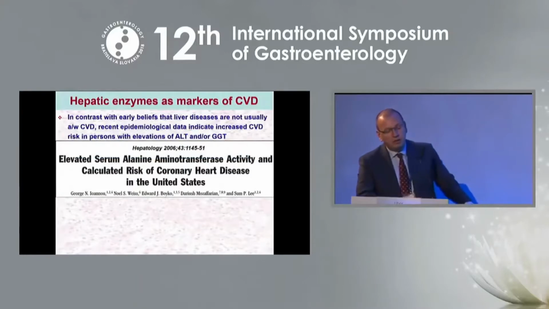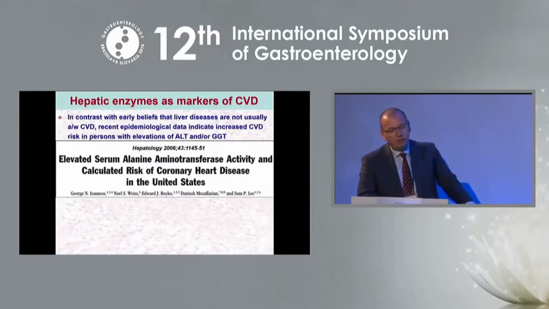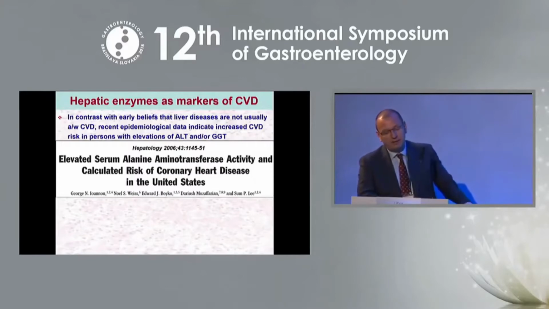We also know that hepatic enzymes are good independent markers of cardiovascular diseases. In contrast with early beliefs that liver diseases are not usually associated with cardiovascular diseases, we know from recent epidemiological trials that persons with elevations of ALT and/or GGT, gamma-glutamyl transferase, have increased cardiovascular diseases.